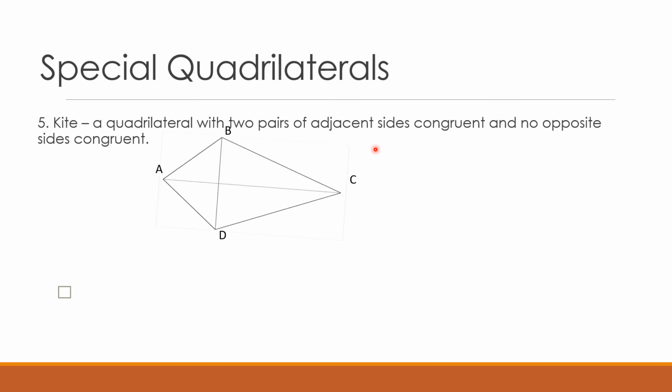Okay, this is a kite. If quadrilateral ABCD is a kite, then segment AB is congruent to segment AD, and segment CB is congruent to segment CD.